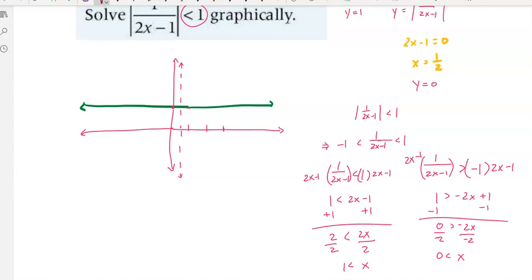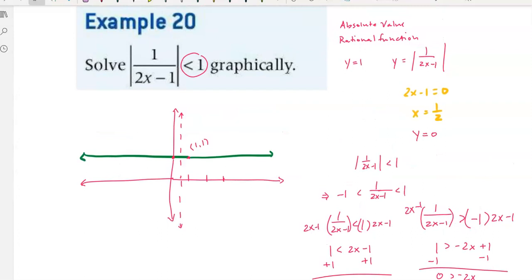So it has to be less than 0 and greater than 1. Okay, so if you look at that, there's the asymptote put on there. We have 1.